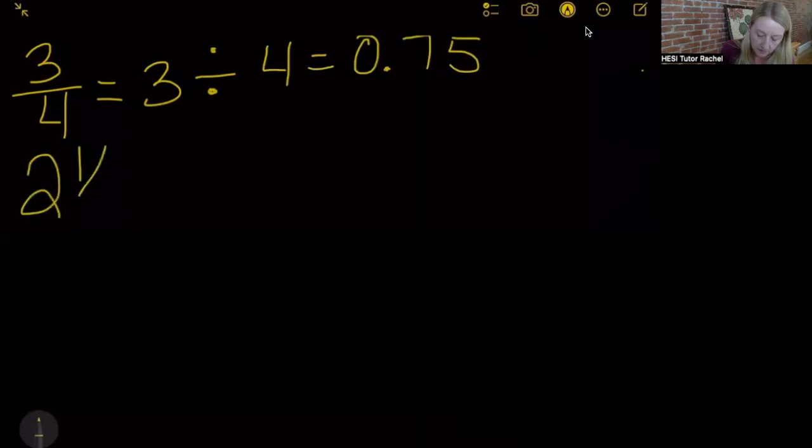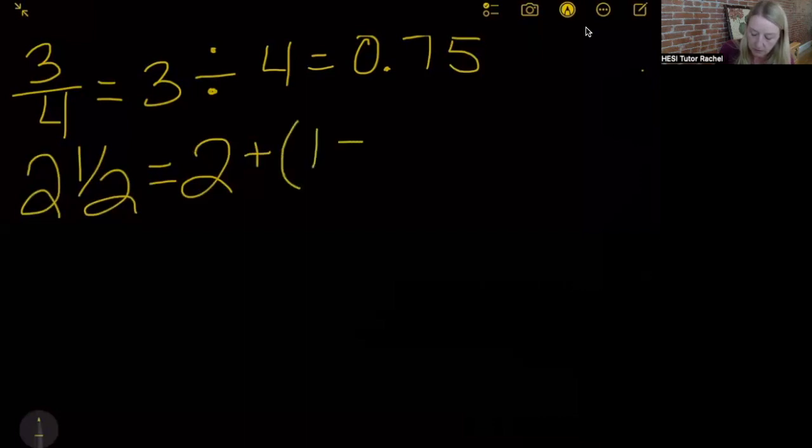The only way it's different is if you have what's called a mixed number, and that is, for example, 2 and 1/2. For a number like that, you have to add the number that's out front plus the fraction. I'm going to put that in parentheses just so that we remember to do this first, but PEMDAS would also tell us that that has to go first. So 2 and 1/2 is 2 plus 1 divided by 2.